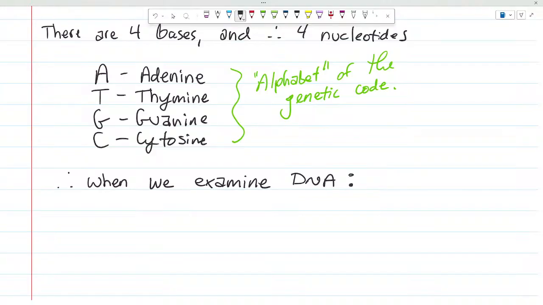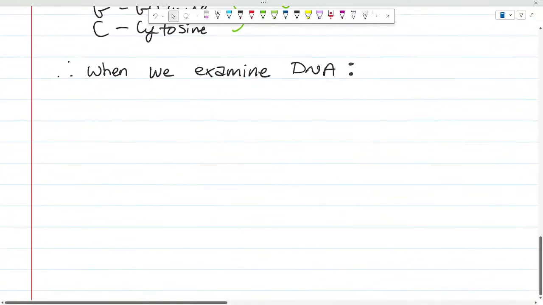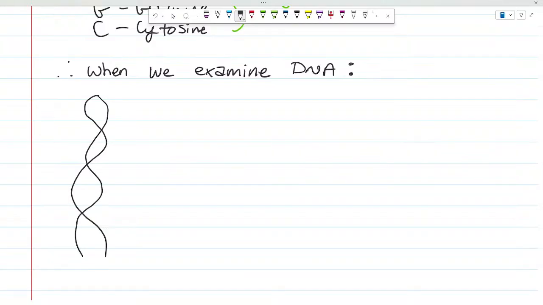Now we're going to go back to this. So, one second. When we examine our DNA, there's our DNA molecule, right? We usually will represent one of the strands. We can actually look at how it's held together.